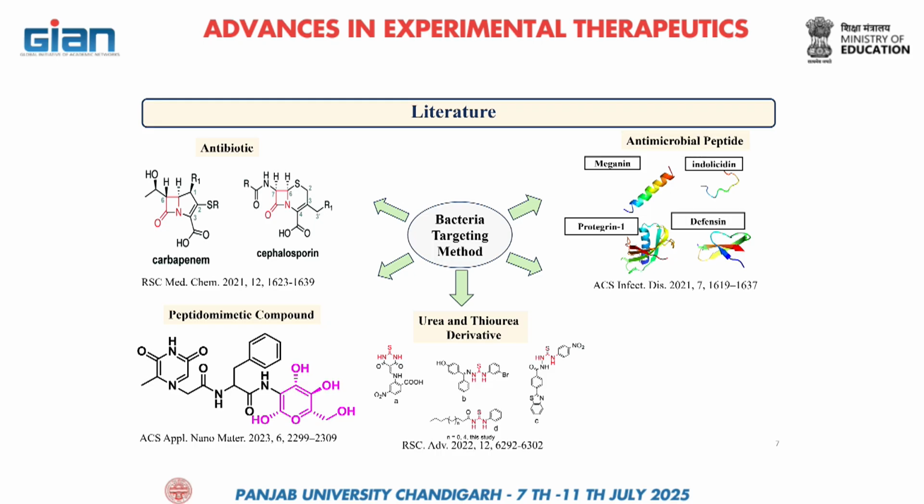So we were thinking about what affinities we get from these antimicrobial agents. Basically it is a supramolecular assembly, meaning some are hydrogen bond donors, some are hydrogen bond acceptors.